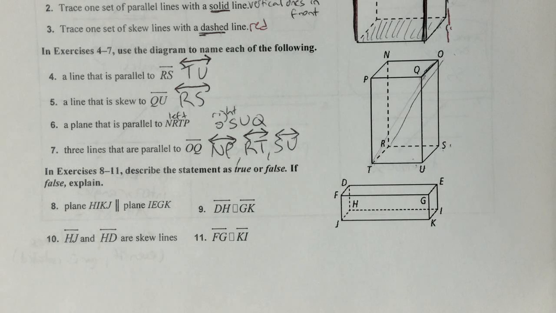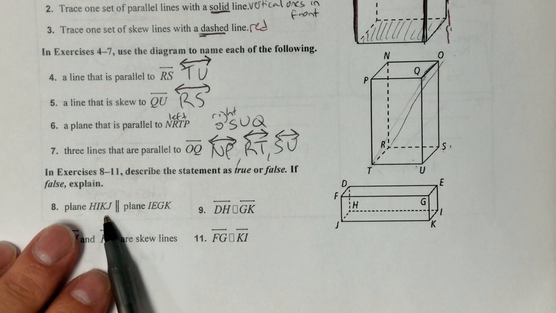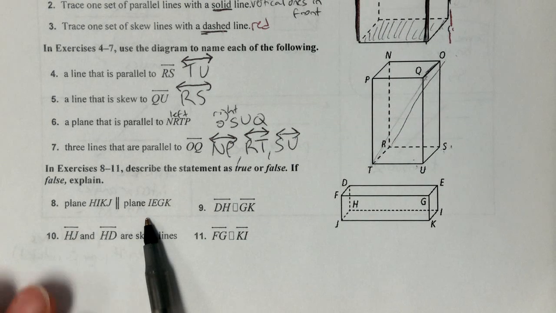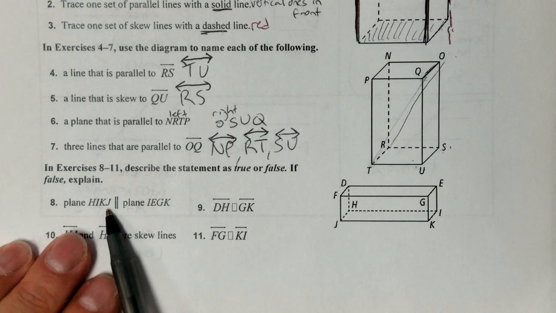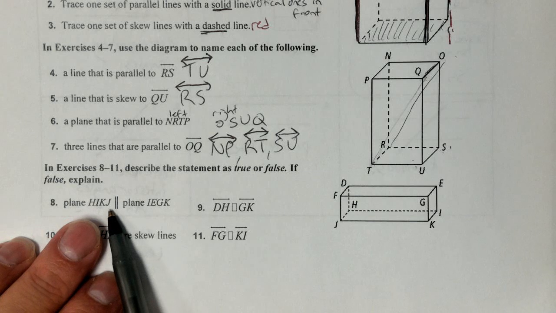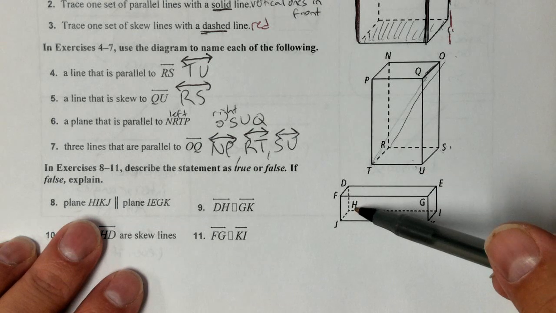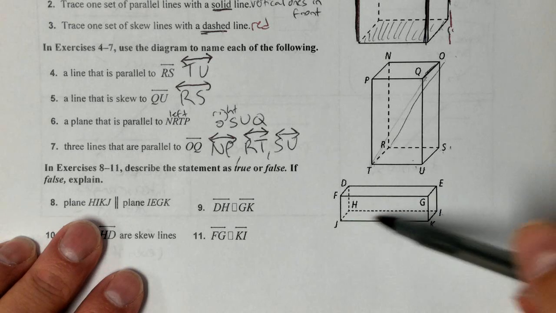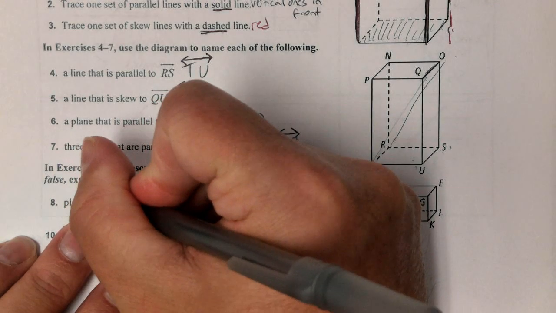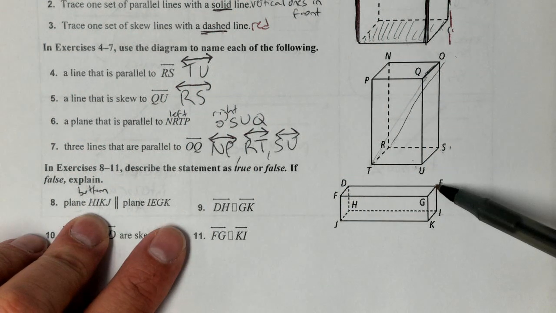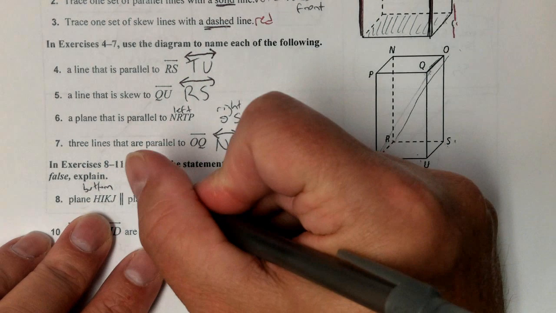Okay, number 8. Here they're talking about true false. If it's false, explain. And so here we have HIKJ. So the bottom parallel to IEGK, which is the right.